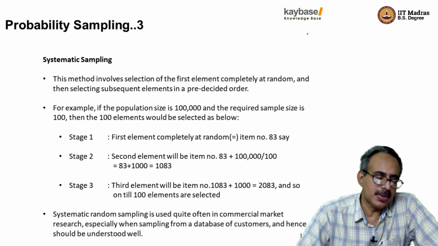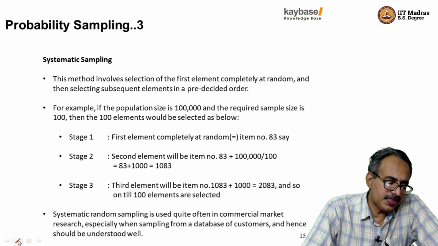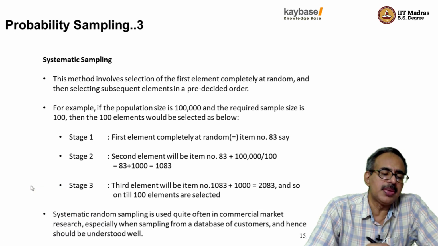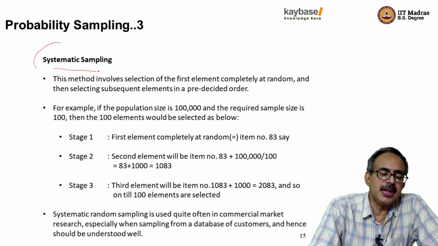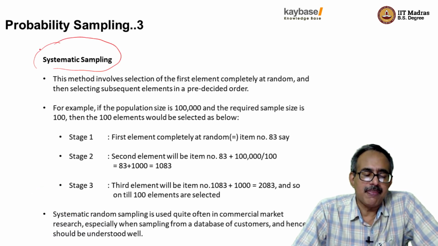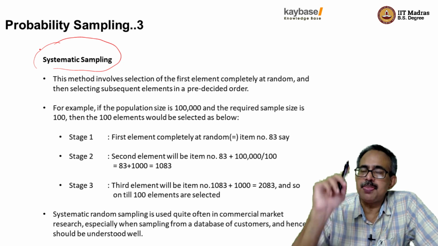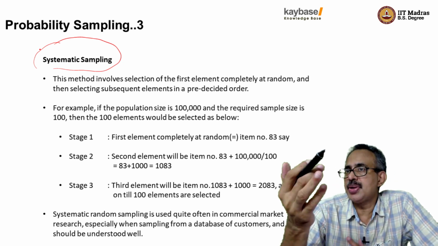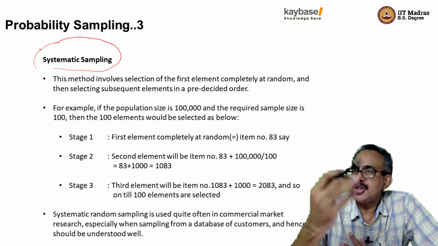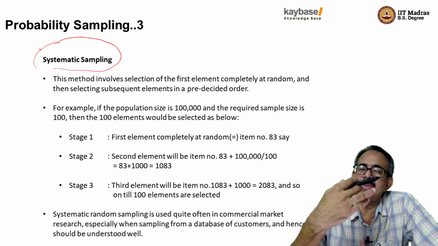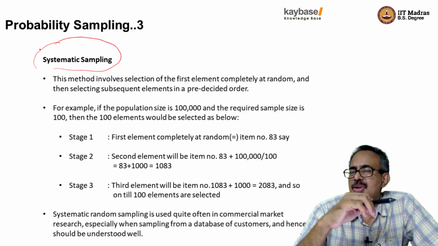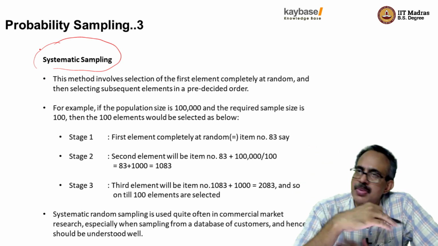We'll go forward. Let's go to systematic sampling. Now this, as I said earlier, is something which is used extremely commonly. Now here what happens is, the first person in the list, and this also needs a list, a sampling frame, the first person is selected maybe at random, completely at random. You can just select serial number 1. You can make it a rule, I always select serial number 1.